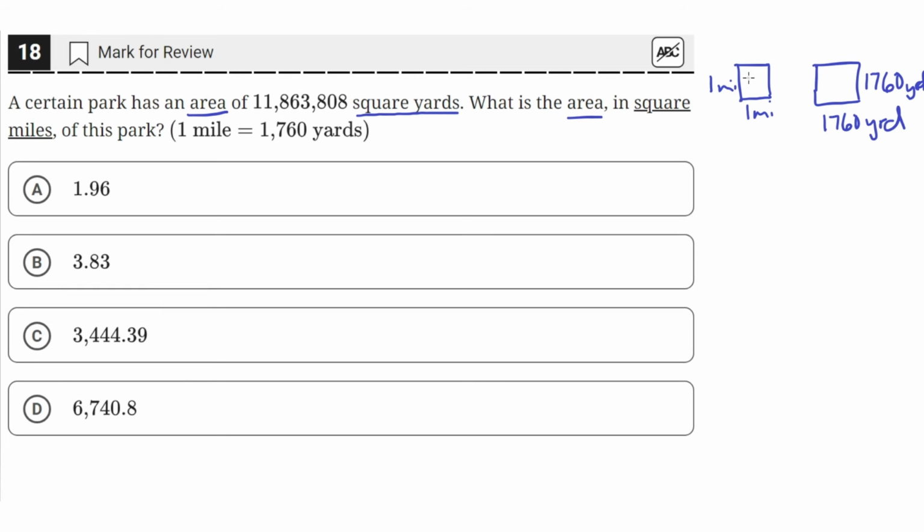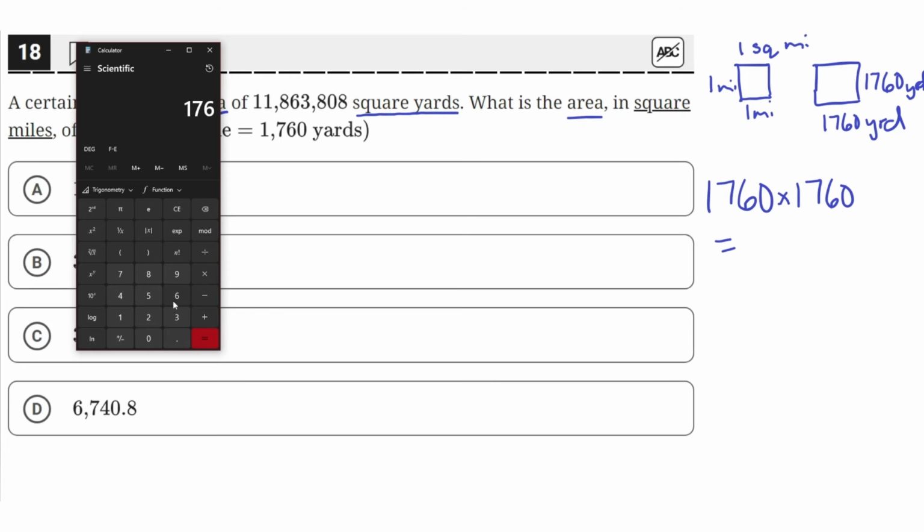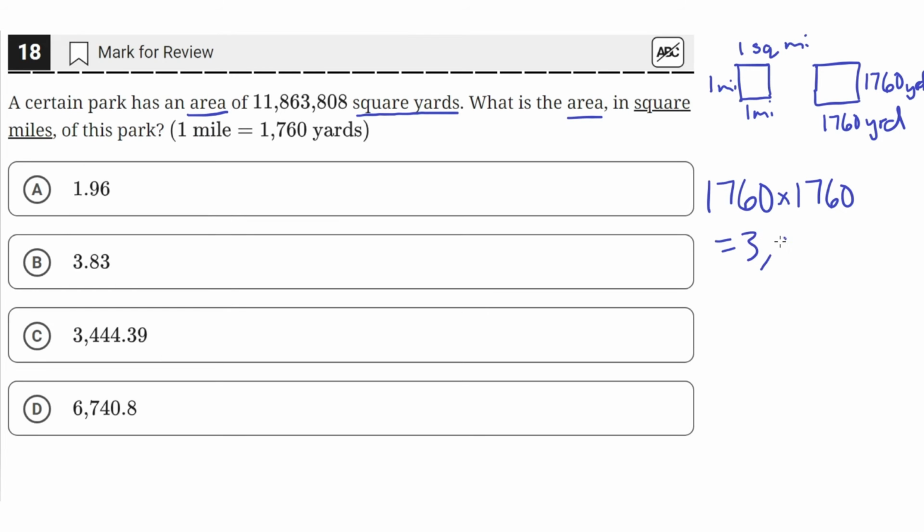And if this is just 1 square mile, then that means that 1 square mile is equal to 1,760 times 1,760 yards. So if we do 1,760 times 1,760, let's put that into our calculator, 1760 times 1760. So that's 3,097,600 square yards. So that's equal to 1 square mile.